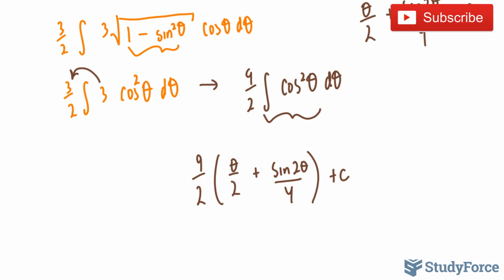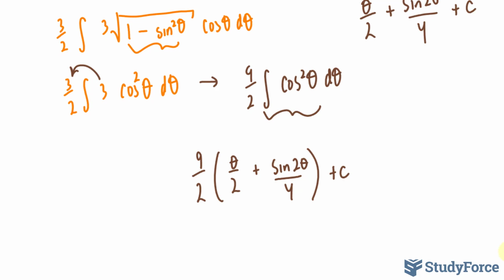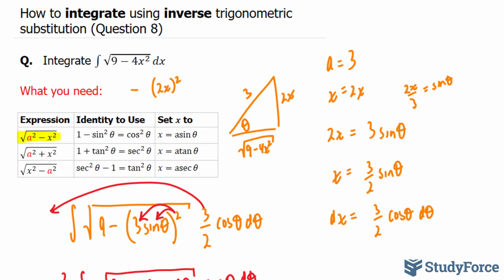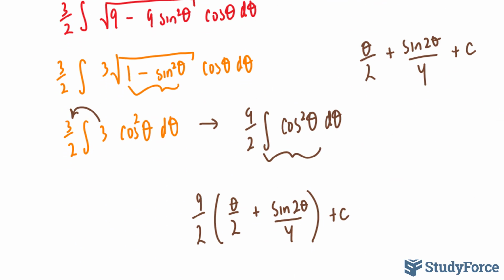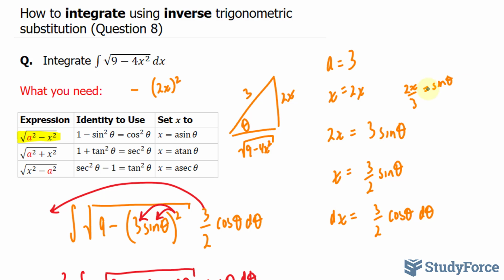Our last step in this integration is to replace all instances of theta with expressions of x. And to do that, we'll need to use the right triangle we constructed earlier. Notice that we can find theta in place of this theta by using this expression. If I take sine inverse of 2x over 3, I end up with theta. So sine inverse of 2x over 3 gives me theta.